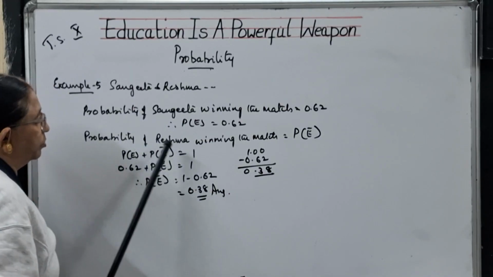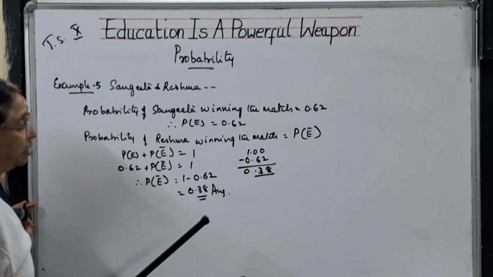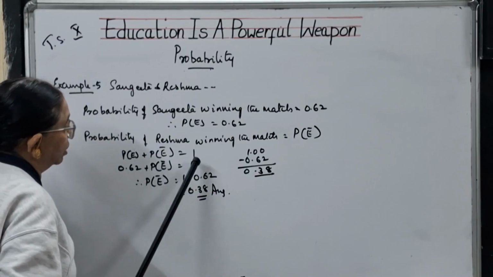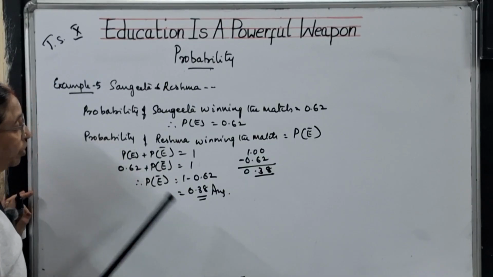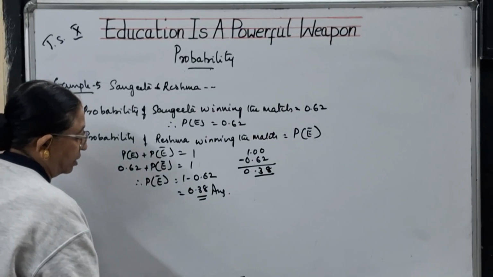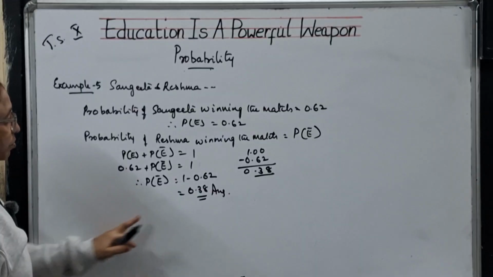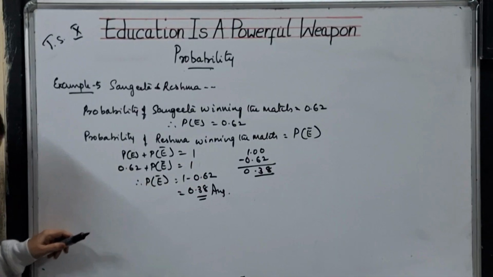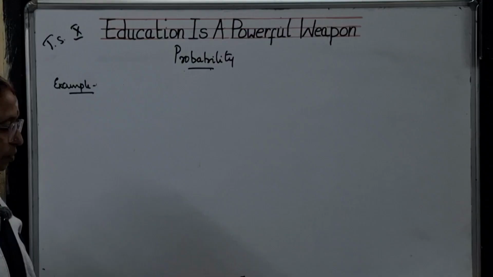They are asking the probability of Reshma winning, that becomes the probability of E dash. We know that these two complementary probabilities will give you the answer as one only. So on calculating, I have got P of E dash is equal to 0.38. Please note it down, children.